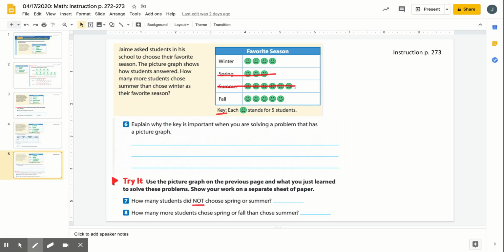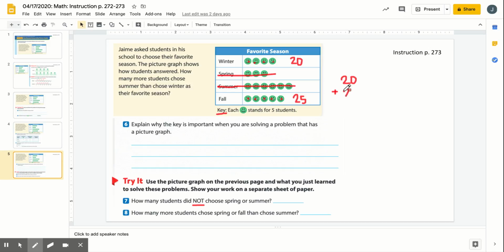So you could do this one of 2 ways. First, you could count winter: 5, 10, 15, 20. And you could count fall: 5, 10, 15, 20, 25. And you could add those 2 numbers.